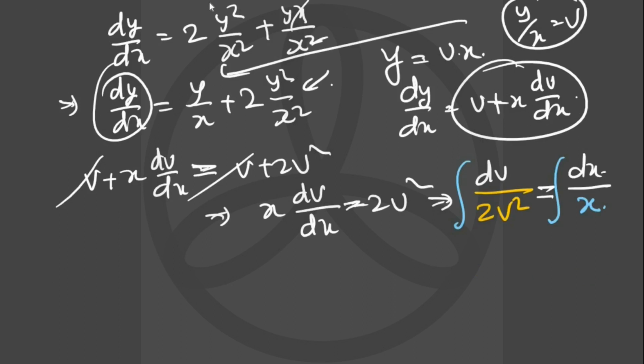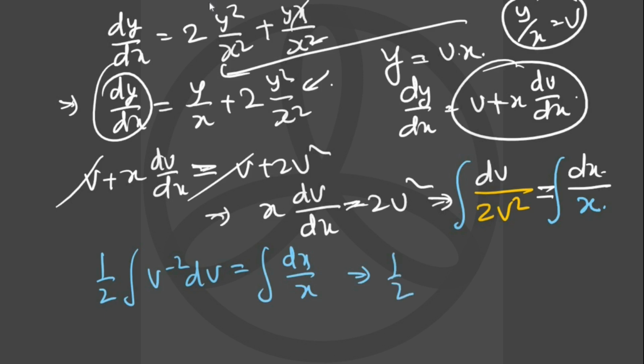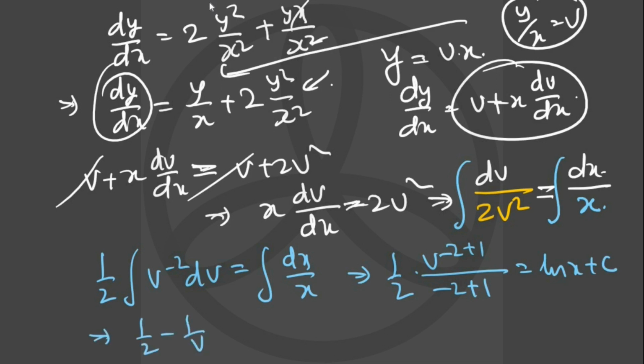Okay. This will be half integration of v to the power minus 2 dv, equal to ln x + c. Half of v^(-2+1) divided by (-2+1) equals ln x + c. Half of minus 1/v is equal to ln x + c. Now v is what?